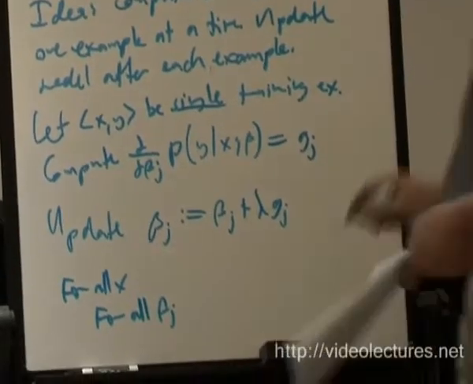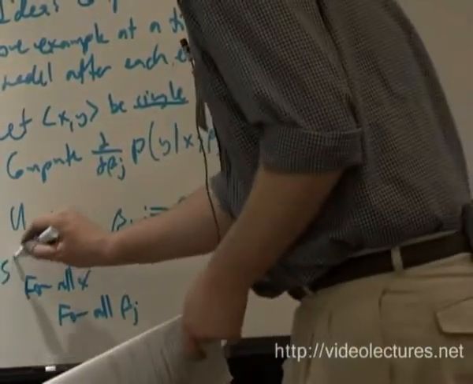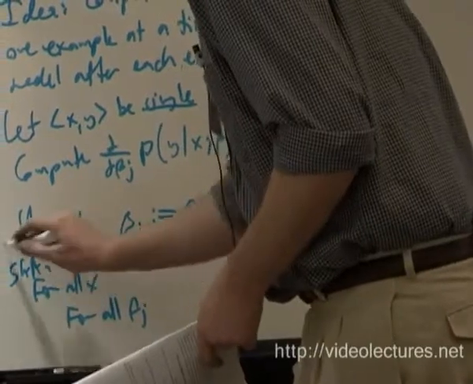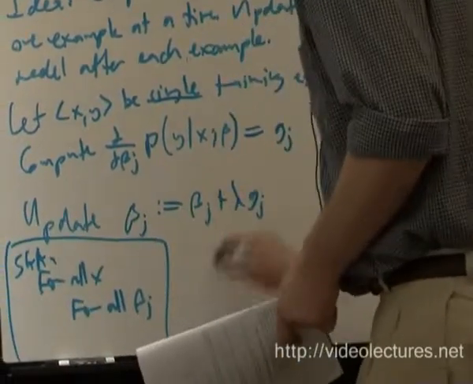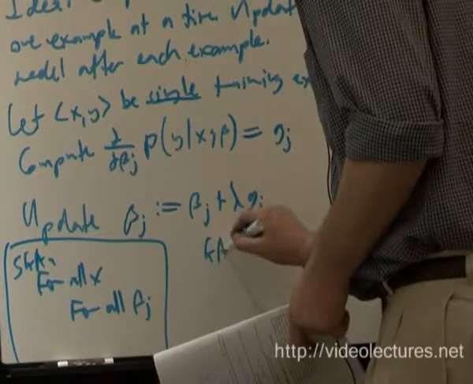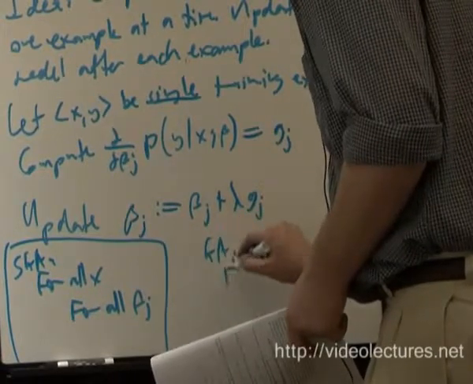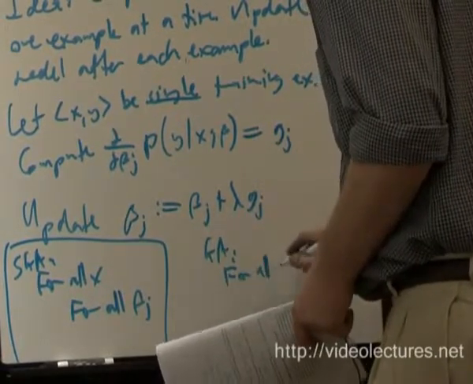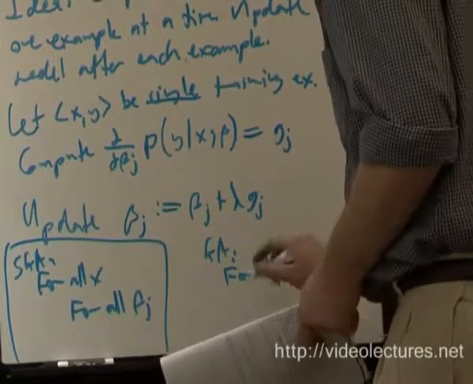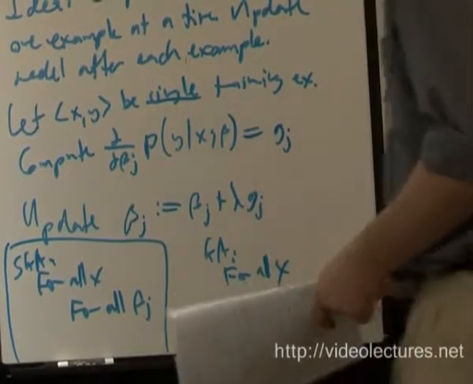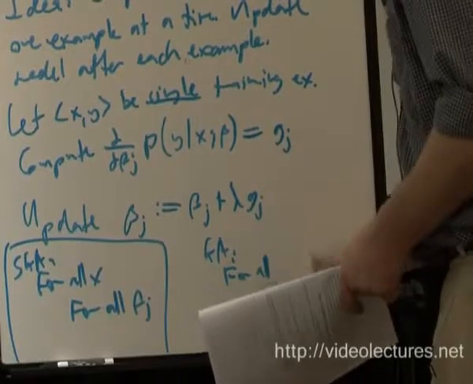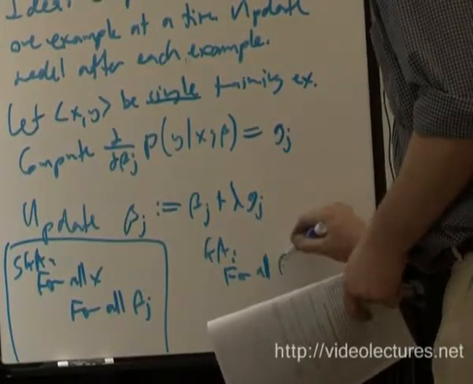So this is stochastic gradient ascent. And then regular gradient ascent would be like this, for all x, for all.